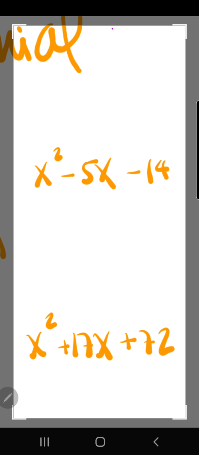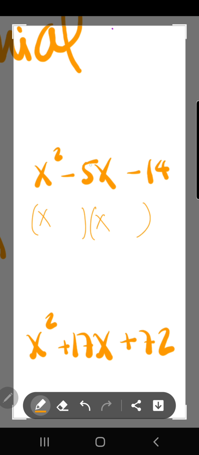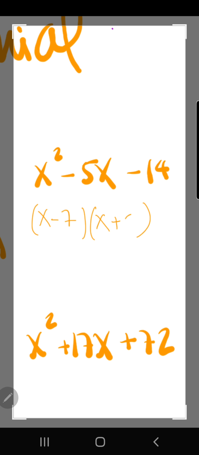Here, for example, you will have x and x. Copy the first sign, which is negative, and then the second must be multiplied. Minus times minus is positive. Because they are different signs, you must say two numbers multiplied are 14 and subtracted are 5. So they are 7 and 2.